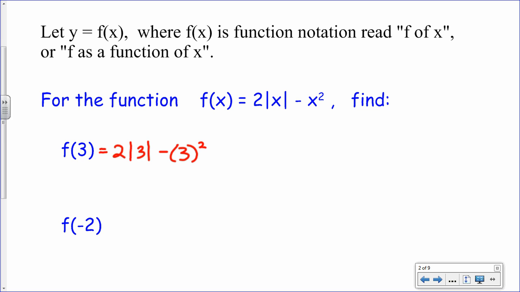There's also a place, if you have a newer graphing calculator, and you hit the alpha y equals, and it gives you a little menu for fractions and radicals and absolute value.